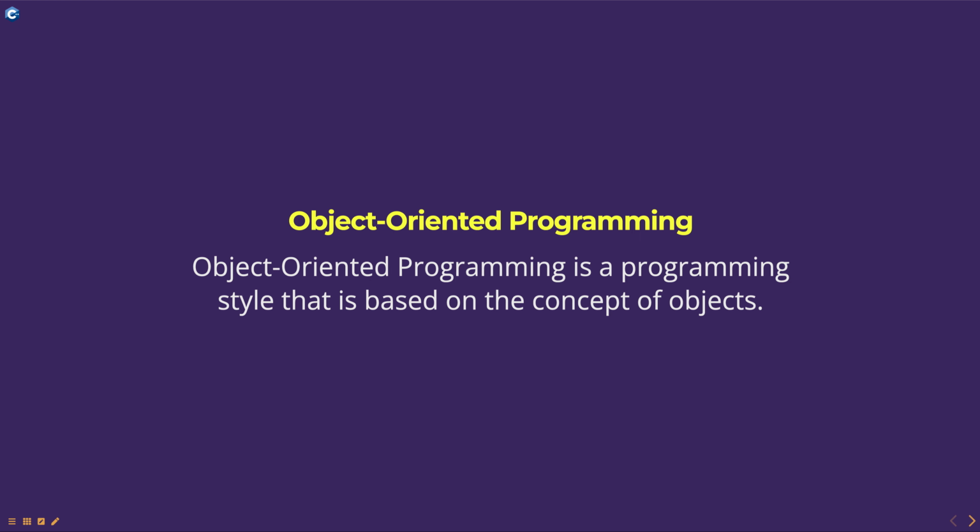In object-oriented programming, objects interact with each other by sending messages to one another, and objects can have their own state and behavior. This style of programming is useful for modeling real-world objects and their interactions.